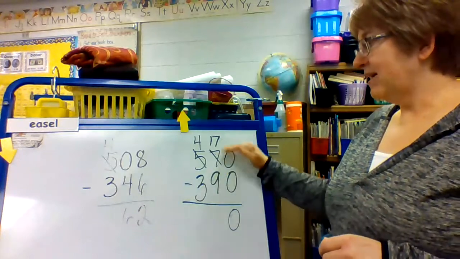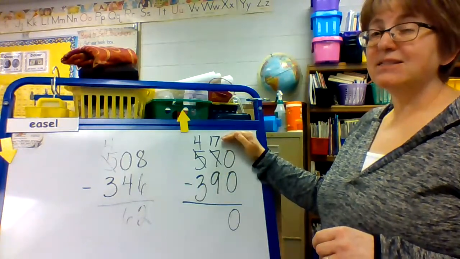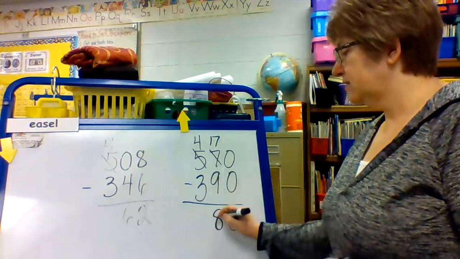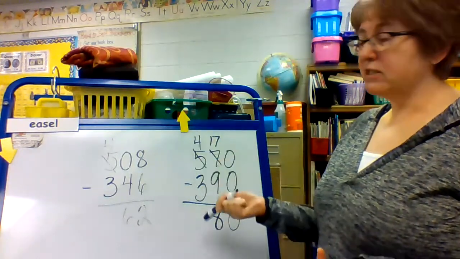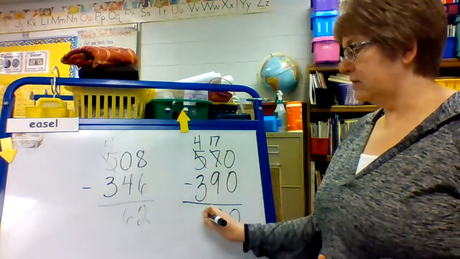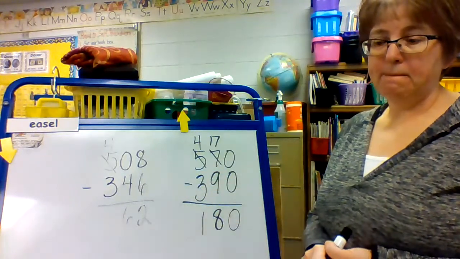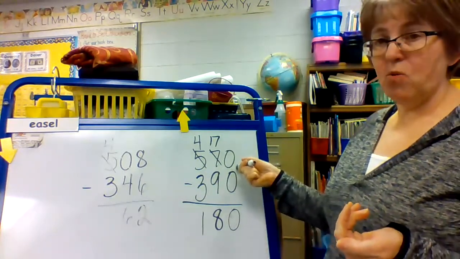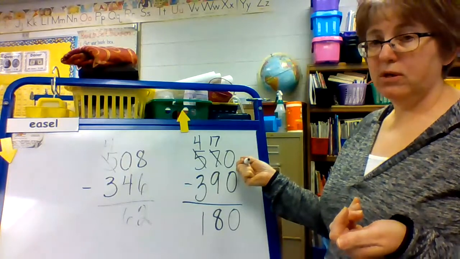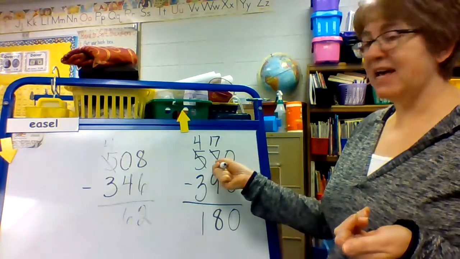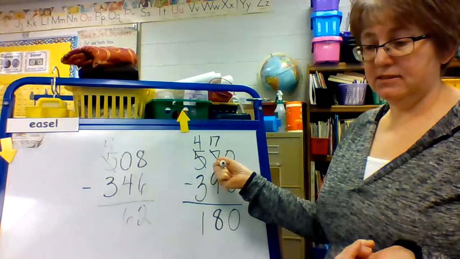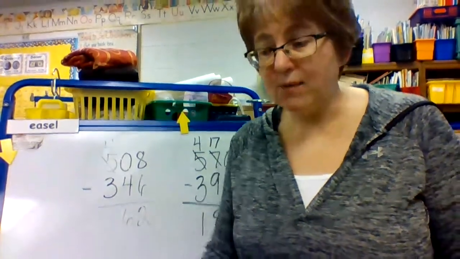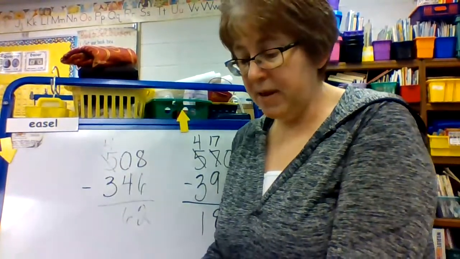And if I want to go from 10 to 17, that is 7. And 1 plus 7 gives me 8. And now subtract the hundreds. 4 minus 3 gives me 1. Okay, so did I have to ungroup to get 10 ones? No. Did I have to ungroup to get 10 tens? Yes.